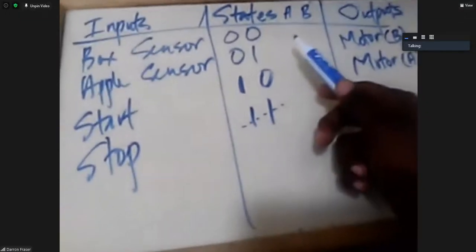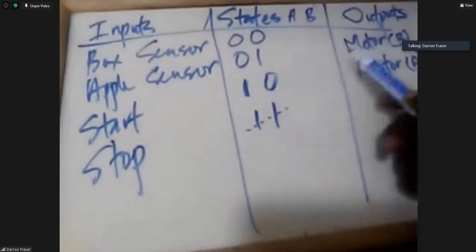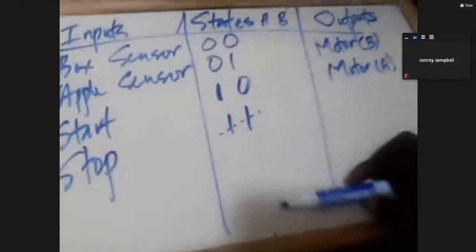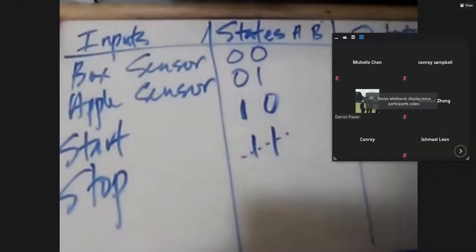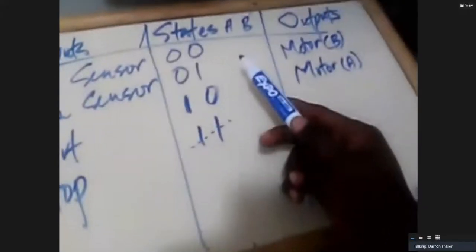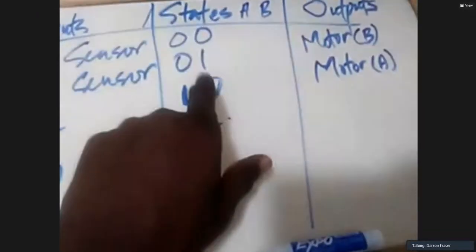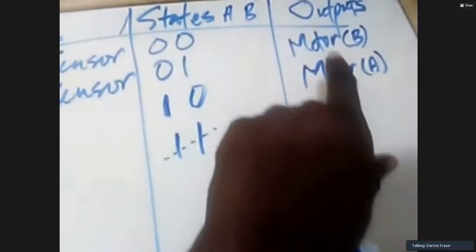Now, in this particular case, it's not always the case, but in this particular case, we are going to let the states A and B coincide with the outputs, which are the two motors in this case.